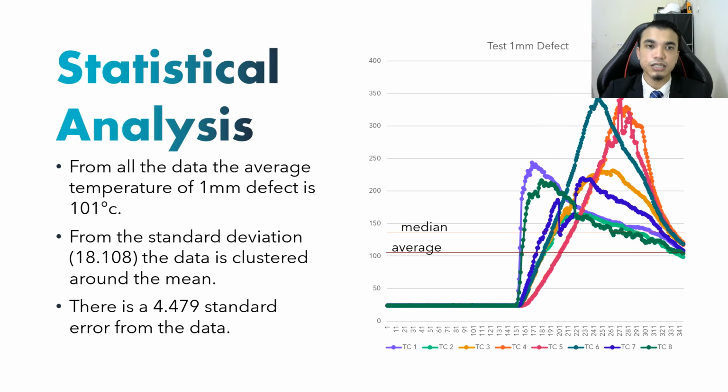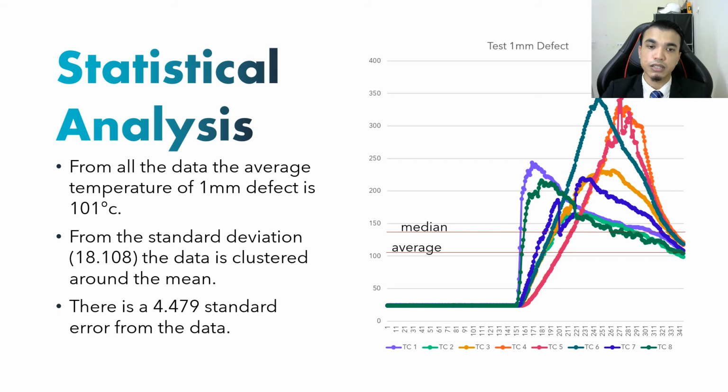This slide is the statistical analysis based on temperature analysis. For the 1 mm defect, the average temperature of all the data is 101 degrees Celsius.